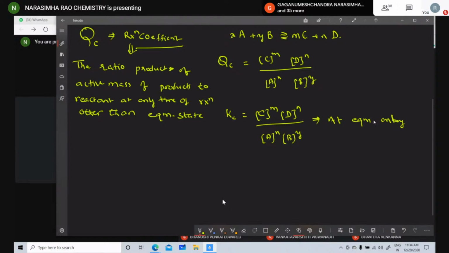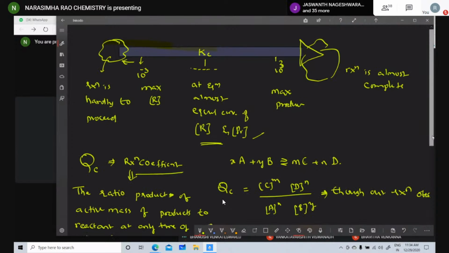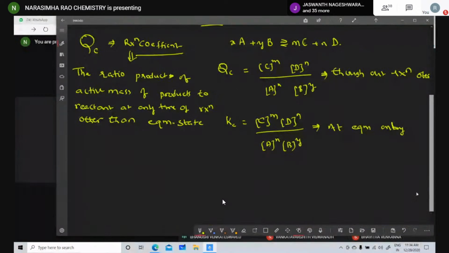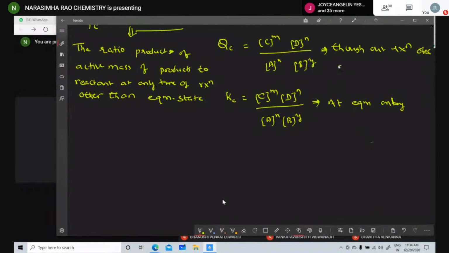But the Qc expression is throughout the reaction, other than the equilibrium state.